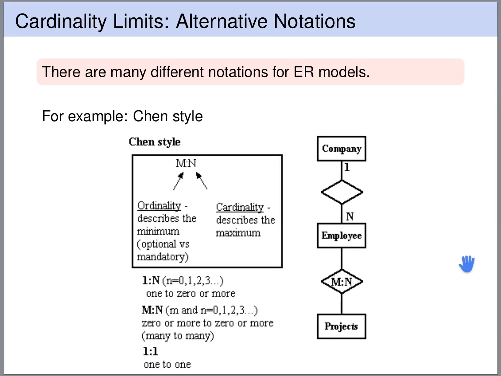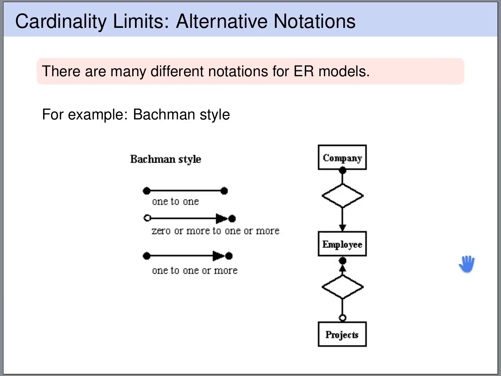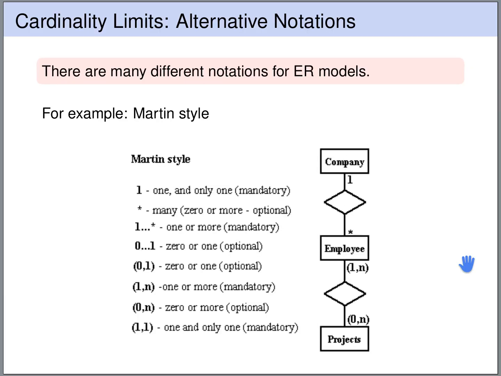There's a Chen style, there's a Bachmann style, there's a Martin style, and this style is actually closest to what we are using. If you think of these pairs that are used in the Martin style and you write them with dot dot, then you basically get the UML style that we are using.